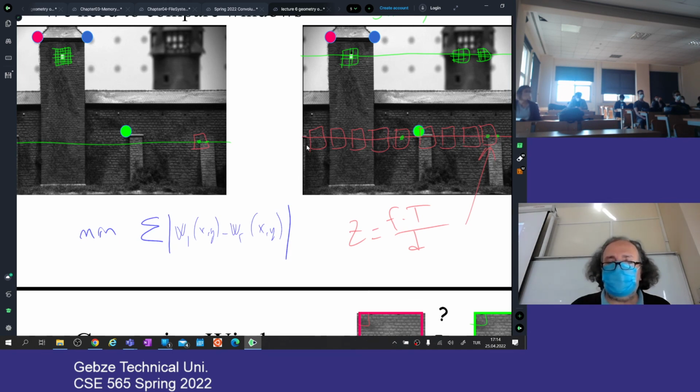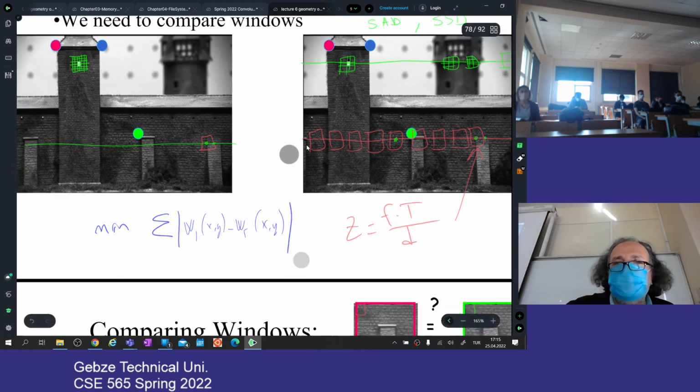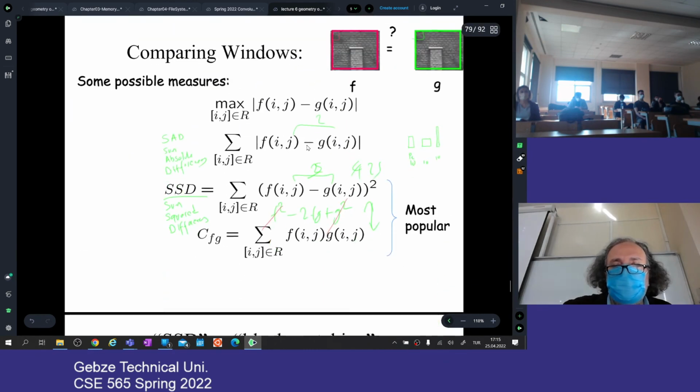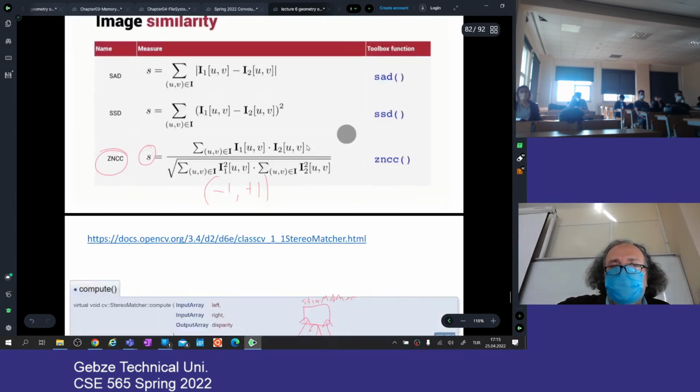My decision will be based on comparisons with many windows, and enforcement of keeping the order relationship, also keeping the constraints between these two images from left to right or right to left. So as I said before, those are more complicated than what I told you.